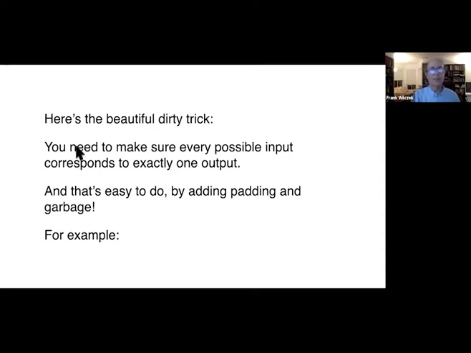What you have to do is, when you do a computation, make sure that every possible input corresponds to one and only one computational output. I'll show you that concretely in a moment.